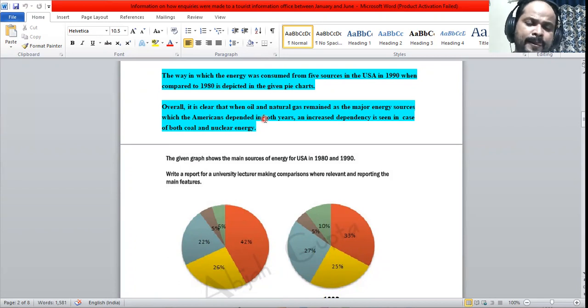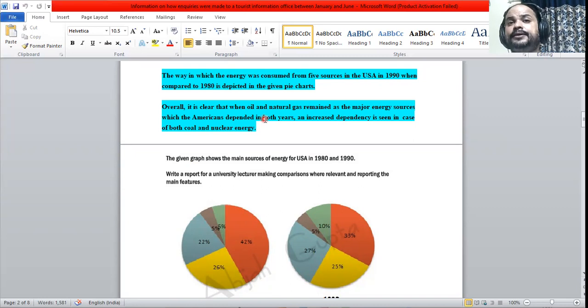Take natural gas, how it changed. Take coal, how it changed. Take hydroelectric, how it changed. So two ways of comparison are there, and whichever you adopt is better.